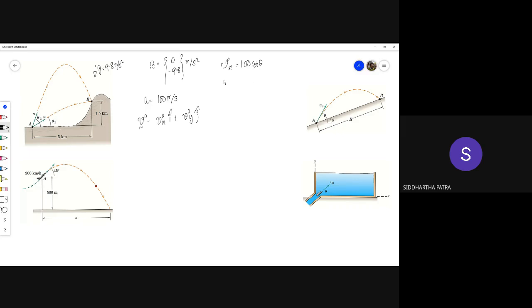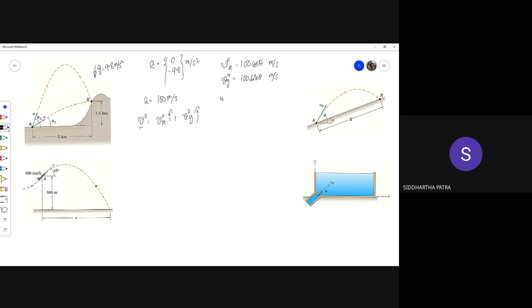And this quantity right here would be 100 sin theta meter per second. Now the acceleration in horizontal direction is 0, and in the vertical direction it is minus 9.8 meter per second squared.